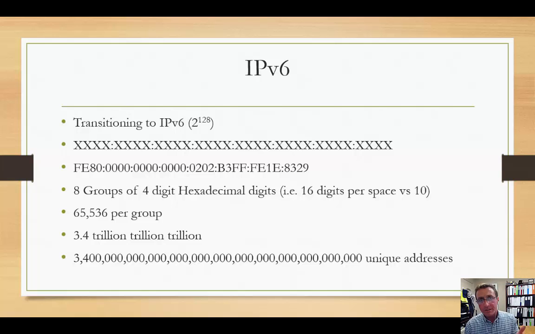So in other words, each place in the number has 16 possible digits instead of 10 in base 10. So that ends up being over 65,000 unique numbers per group. So it ends up at 3.4 trillion different possible unique addresses, and hopefully that'll get us through for a while. Long after I'm gone, will they need more Internet Protocol addresses, unless something else has come up.